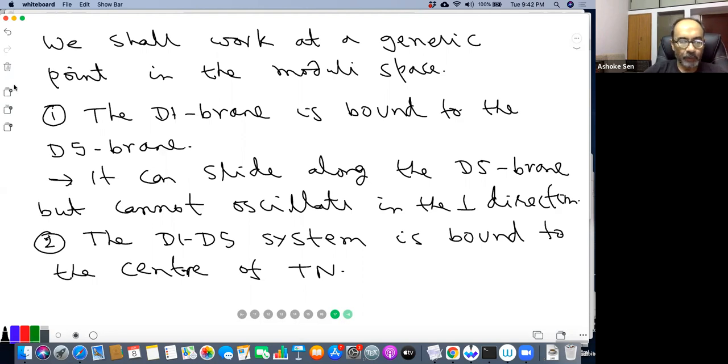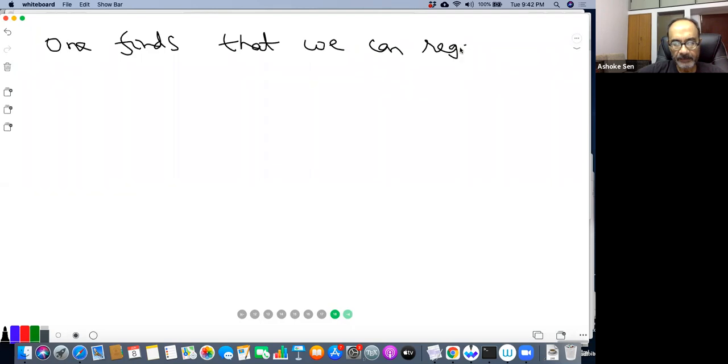So in this case, what one finds is the following: that we can regard the system as three independent systems.